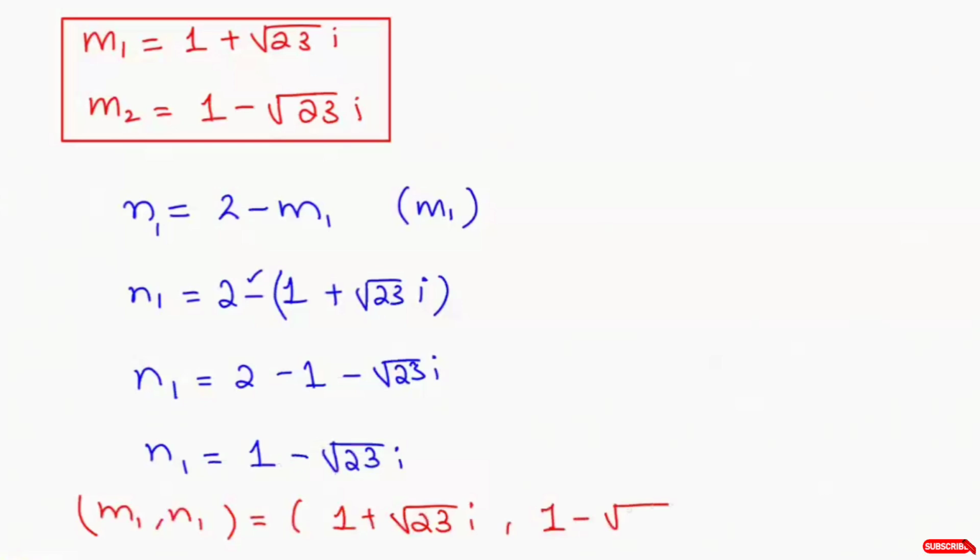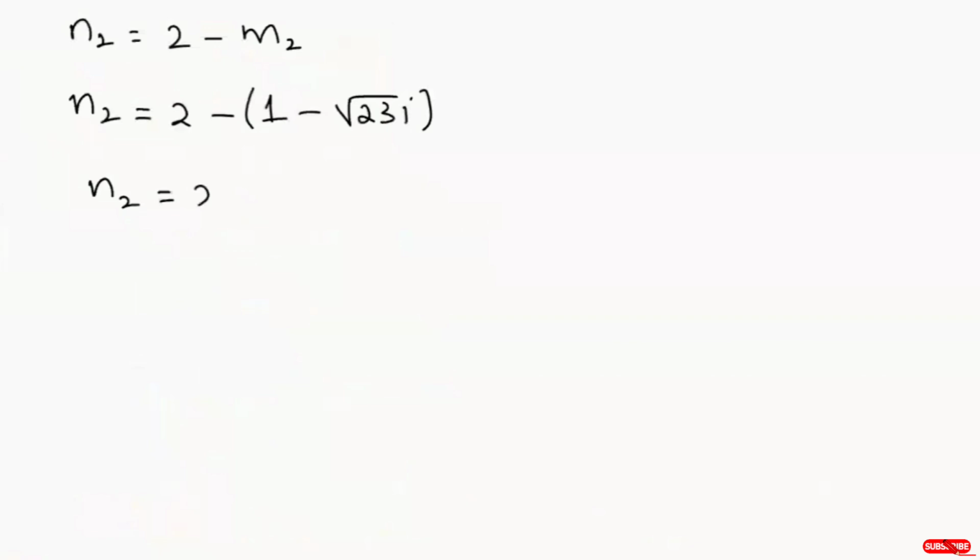root of 23 iota. I'm going to use the same equation to find out the value of n2. n2 is equals to 2 minus m2, and n2 is equals to 2 minus (1 minus root of 23 iota), and here n2 we have 2 minus minus 1 is plus root of 23 iota.